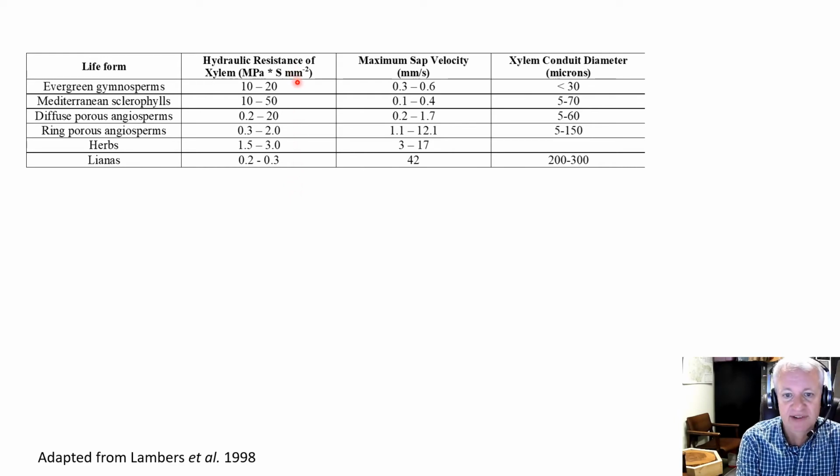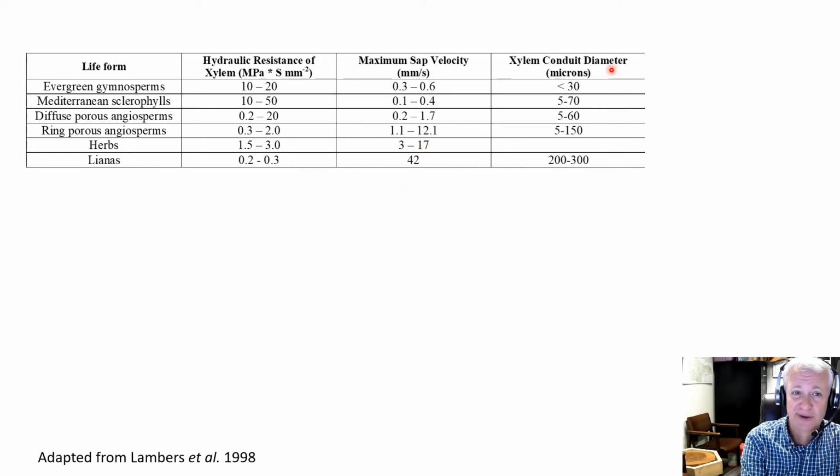A larger value obviously means greater resistance to water transport. These are arranged from high resistance to low resistance, and what you can see ranges from gymnosperms to diffuse porous angiosperms to ring porous angiosperms to herbs to lianas. They also show maximum sap velocity. So as you go to life forms with less resistance, you get a lot faster sap transport.